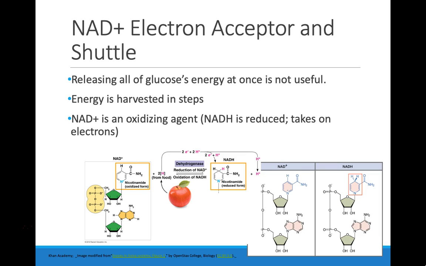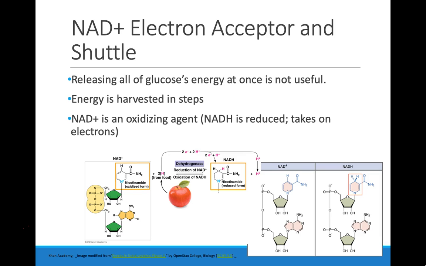The reason that we need these shuttles, specifically NAD plus for cellular respiration, is that we can't just release all of glucose's energy at once. If you just have a pile of glucose on a table and you light it on fire, you release a whole bunch of heat and flames, which is really not useful inside the cell.